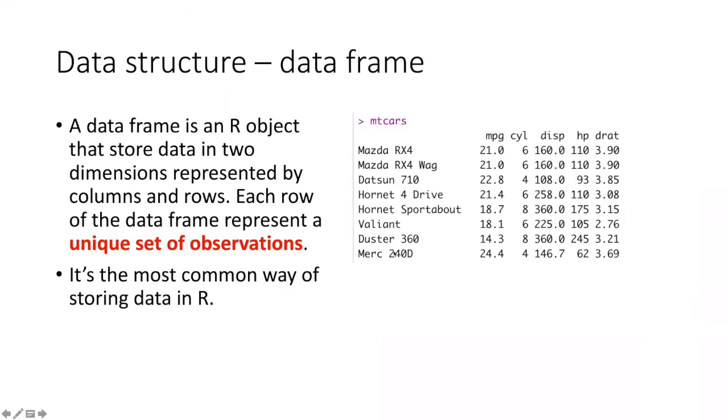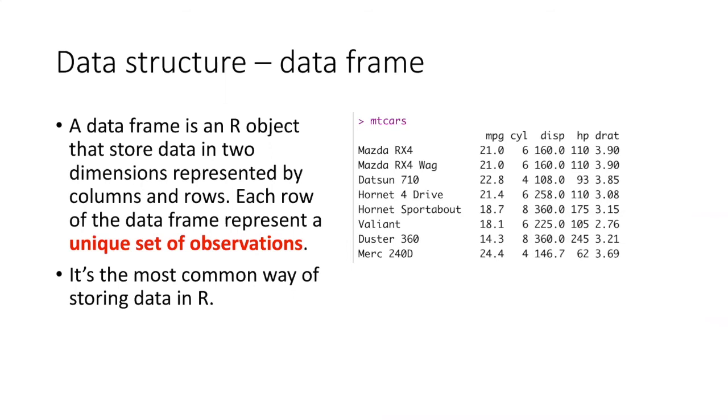Next, I want to talk about the data frame. It's another data structure. Even though vector is the basic foundation, data frame is probably your best friend. You have to use data frames every single day if you want to do R data analyses, and it's going to be very crucial for plotting as well. So it's very important to know the data frame. A data frame is an R object that stores data in 2 dimensions.